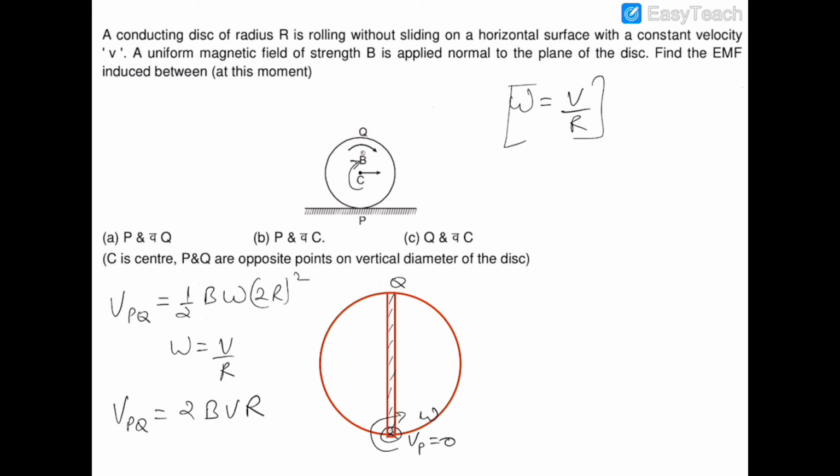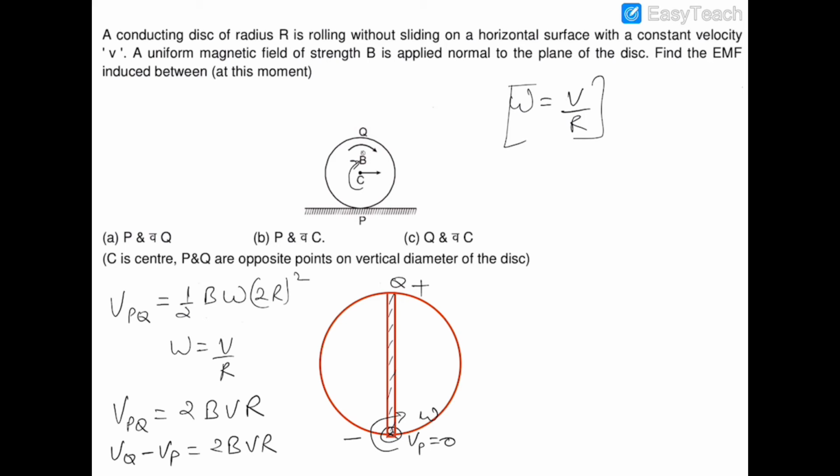Now the polarity of this EMF will be such that if we point the thumb of our right hand towards the direction of motion, towards the right side, and the first finger towards the magnetic field, then the positive terminal will be Q and the negative will be P. So we can say that V_Q minus V_P will be equal to 2BVr.